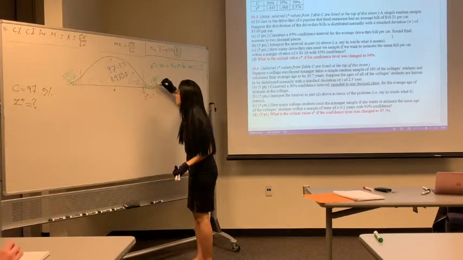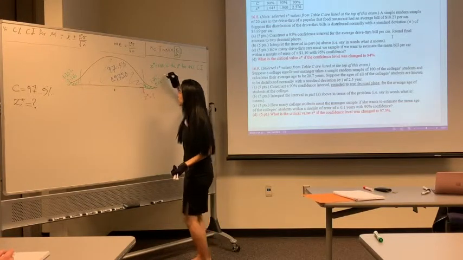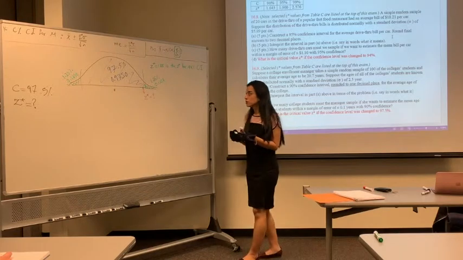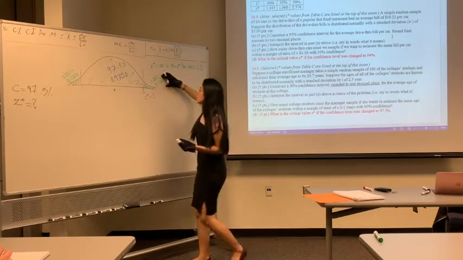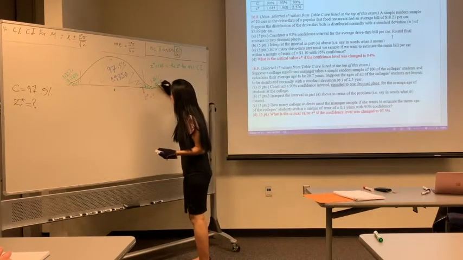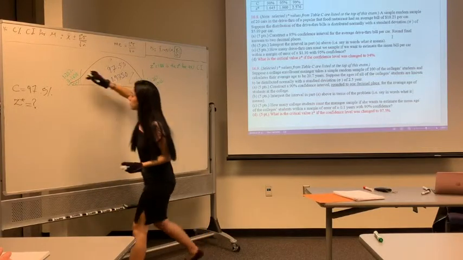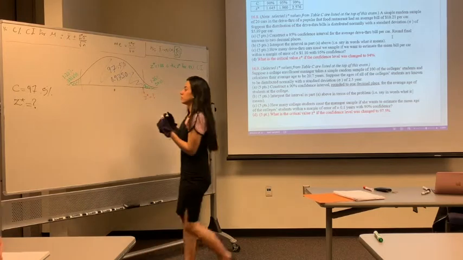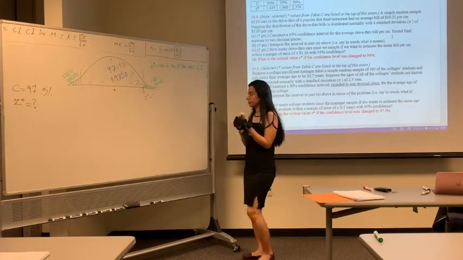I think there's an extra zero. Yes, an extra zero, between the decimal and the one. Okay, here. Yes, that was 1.25%.